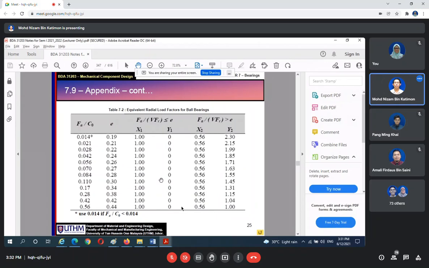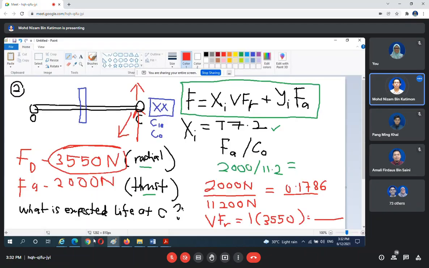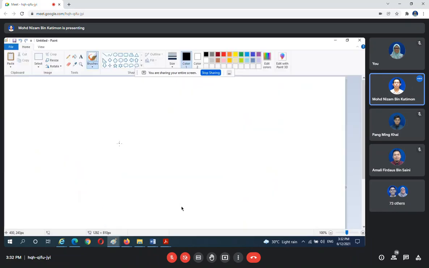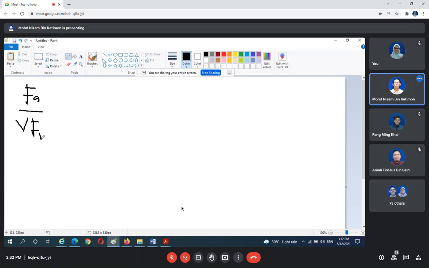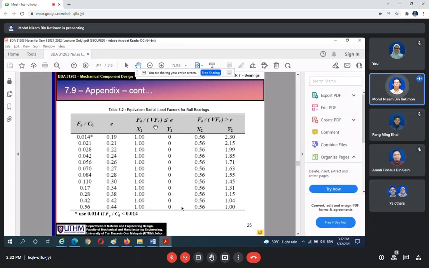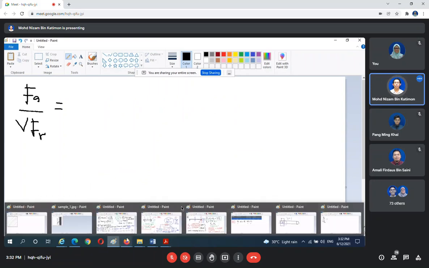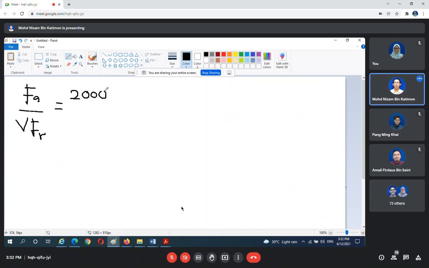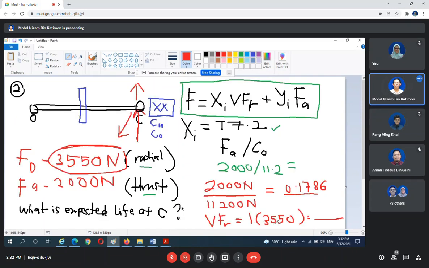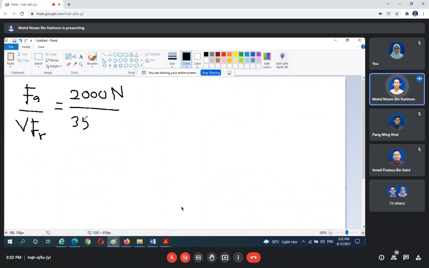We need FA divided by VFR. The thrust just now is 2000 Newton, divided by VFR, where VFR is 3550 Newton. So what's the value?